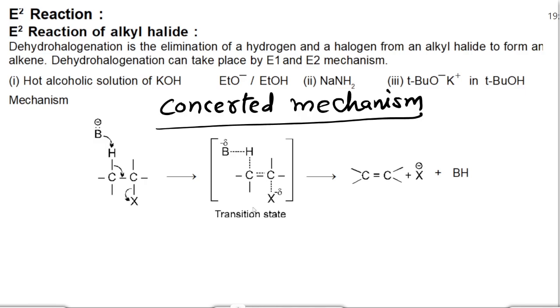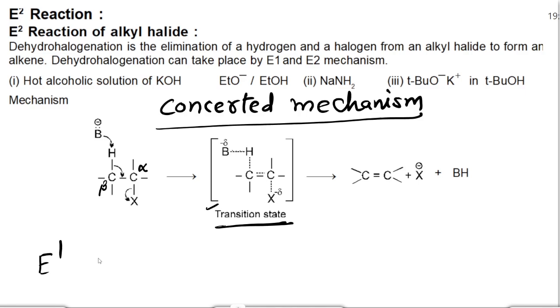See, this transition state is formed: the base starts attaching to the beta hydrogen, carbon-carbon double bond formation starts, and C-X bond breaking starts, and that is called a transition state.